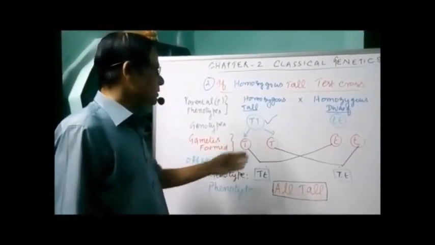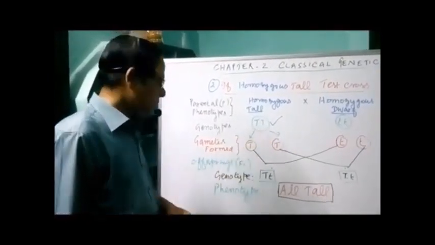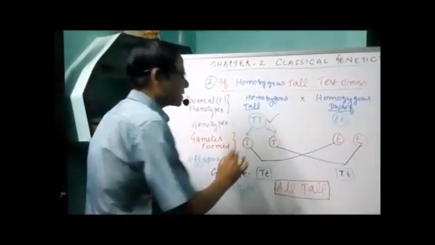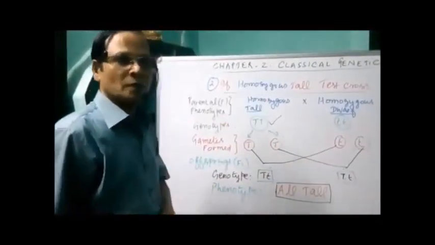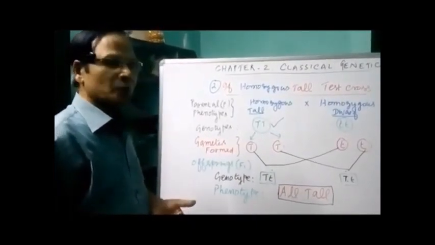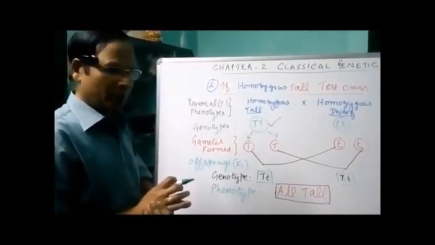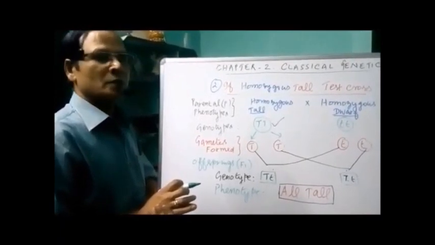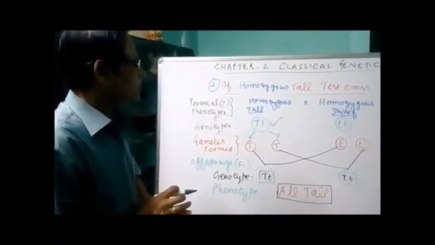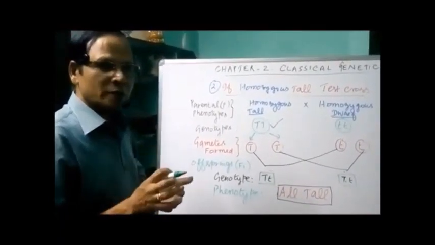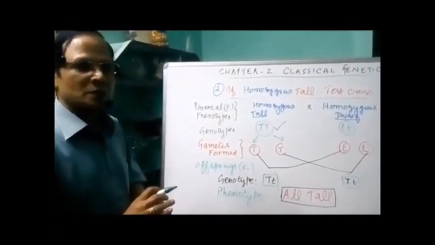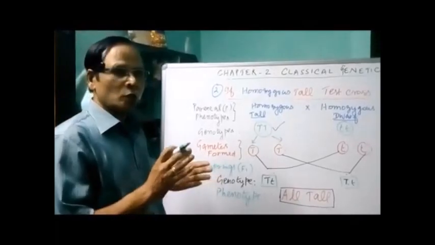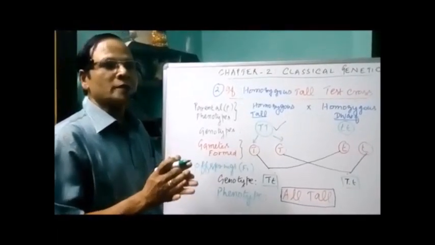All the progenies resulting from that cross have the heterozygous genotype. As a result, all the plants appear tall. So in the homozygous tall test cross, the resultant products are all tall. But in the case of the heterozygous tall test cross, the resultant products are in a 1:1 ratio of dominant and recessive.